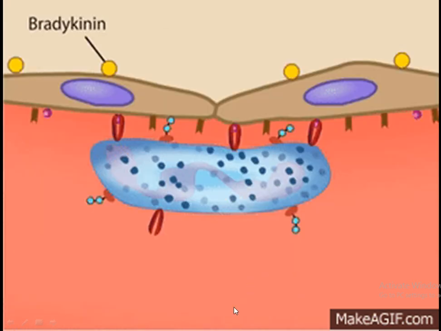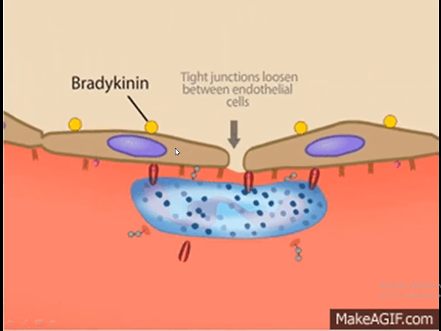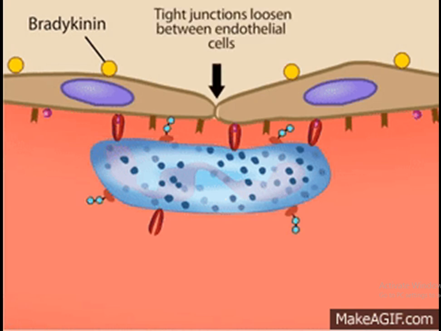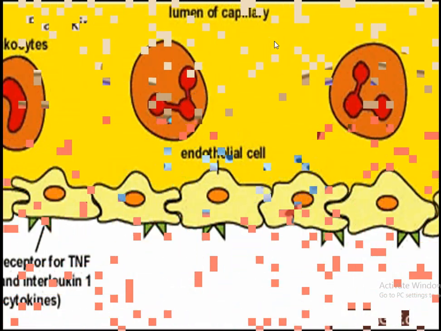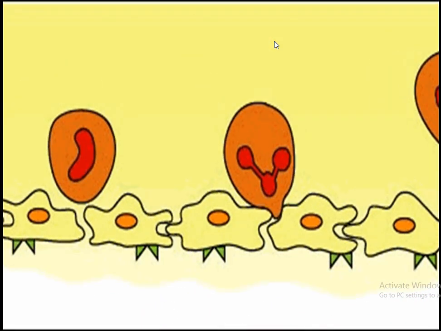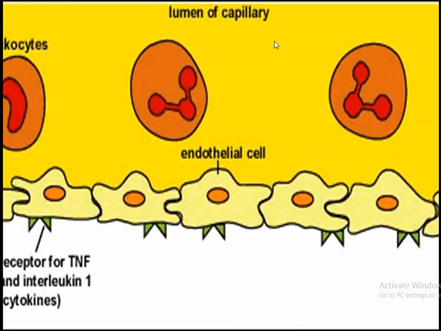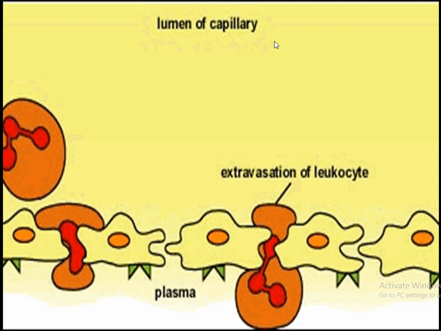Firstly, from the central portion, they come closer to the vessel wall, and this process is called walling off. After that, these junctions loosen and allow them to come out. Again and again, I am going to show you how this process occurs.